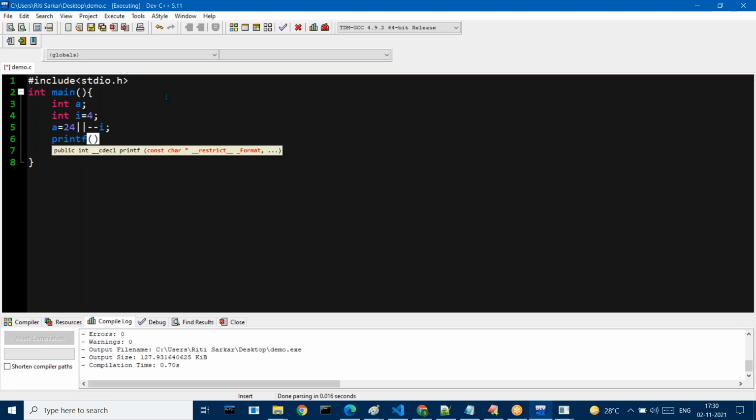I'm printing here printf percentile d a comma i. Yes. What will happen in this case? What will be the output? Everyone, what is the output, sir, in this case?